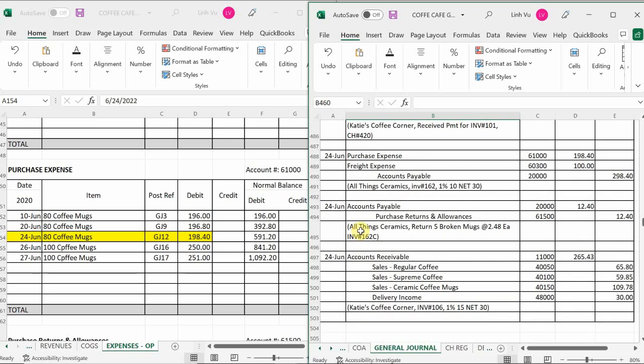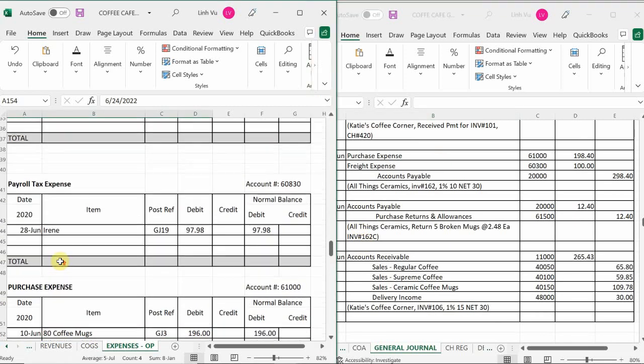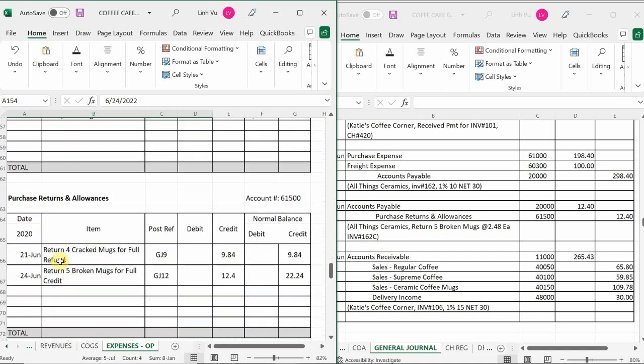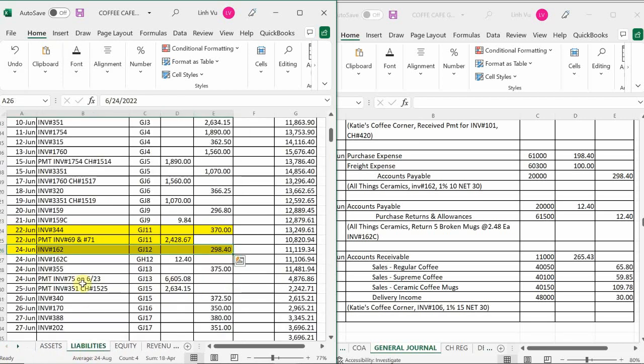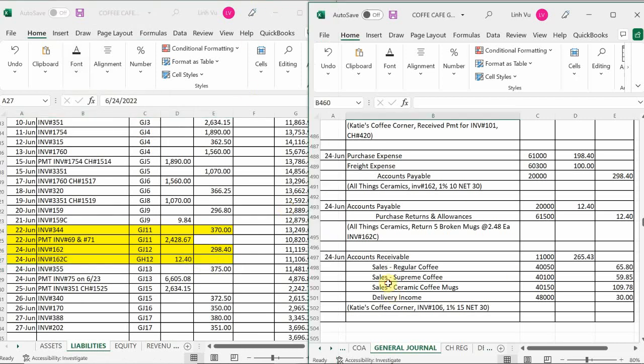Okay, accounts payable and purchase returns for $12.40. Okay.